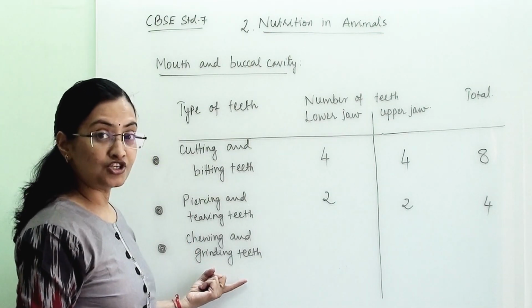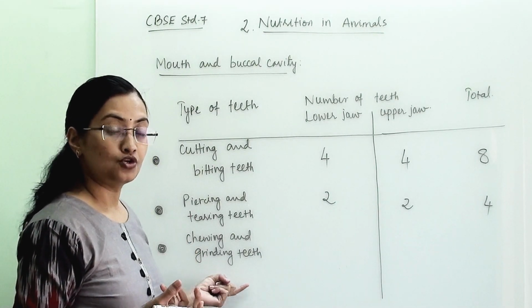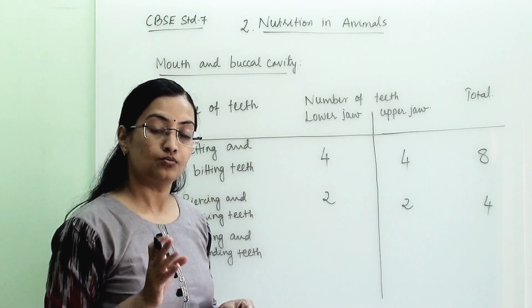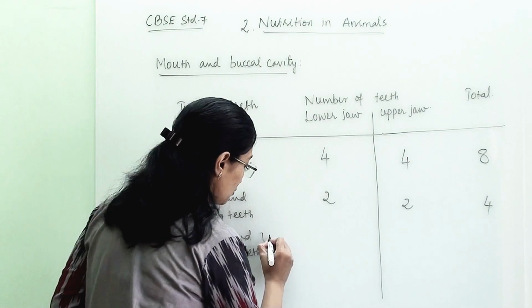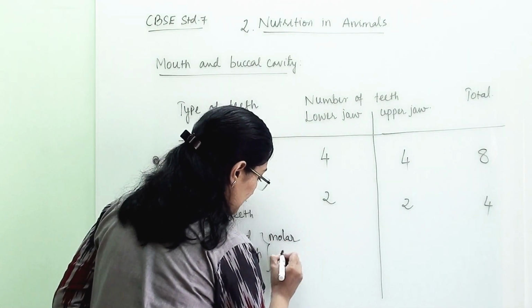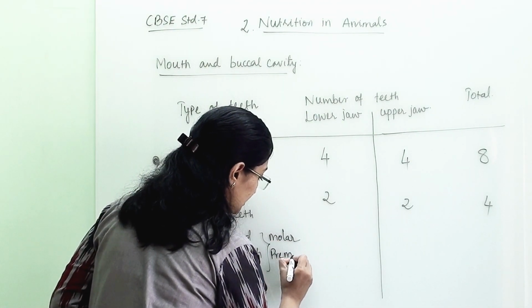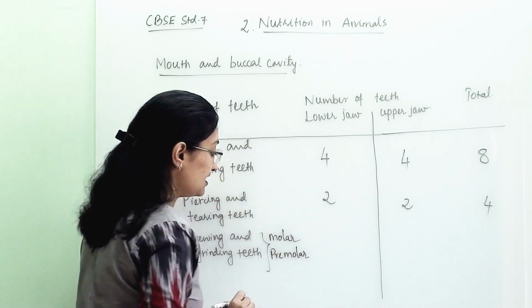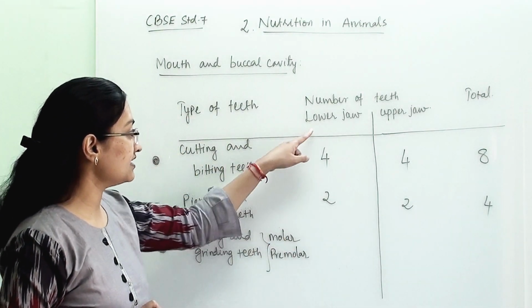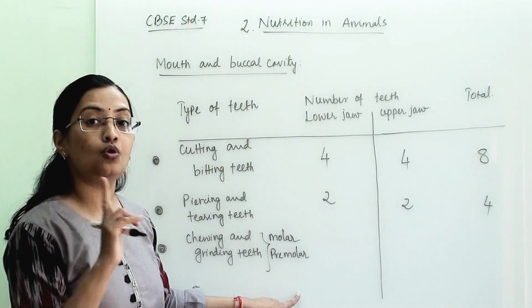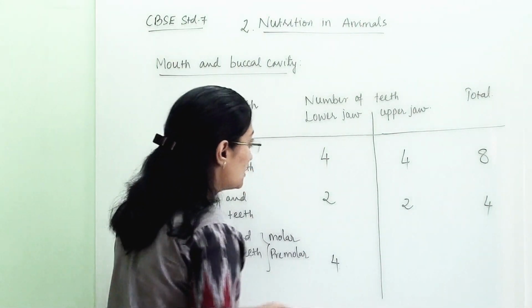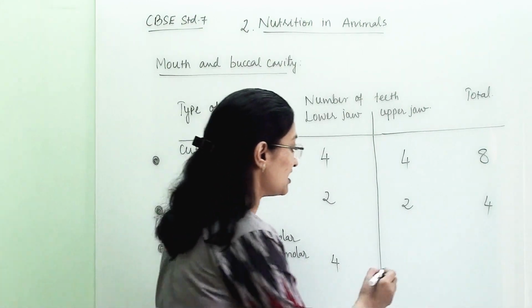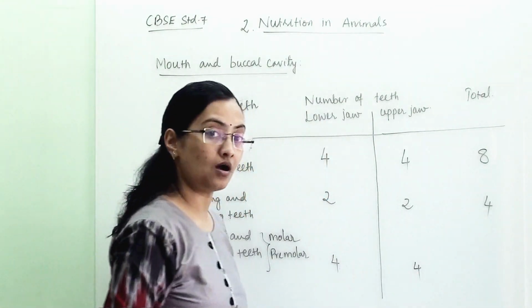Now the teeth which can chew and grind the food. Premolar and molar both can chew and grind the food. So here we are considering molar and premolar teeth. How many premolars are there in the lower jaw? 2 on either side, so there are 4 premolars in the lower jaw. In the same way there are premolars in the upper jaw.